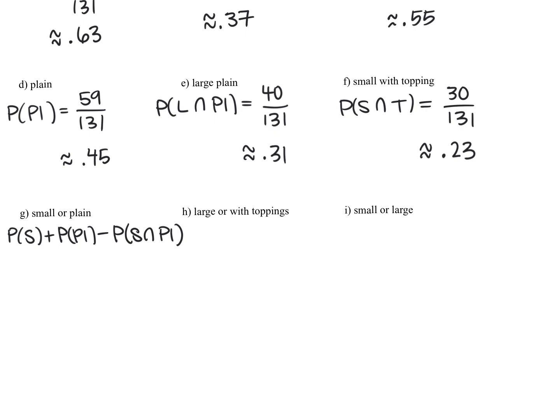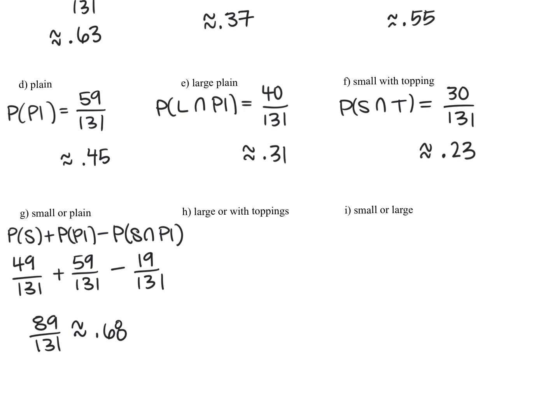So they are not mutually exclusive events. So the probability you get a small is 49 over 131 plus the plain, 59 over 131, minus both 19 over 131, which gives 89 over 131, which is approximately 0.68.